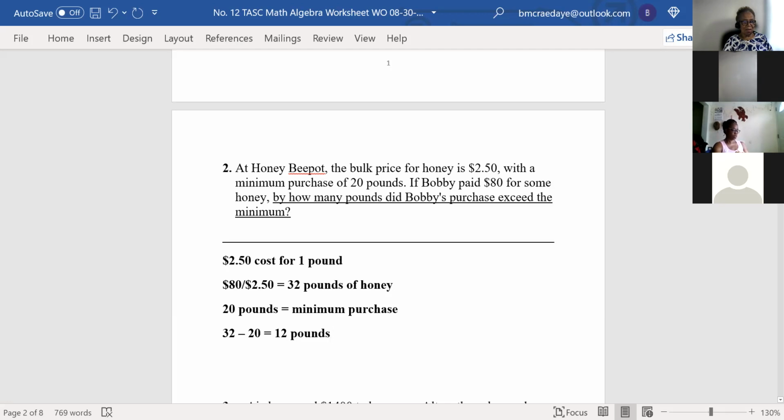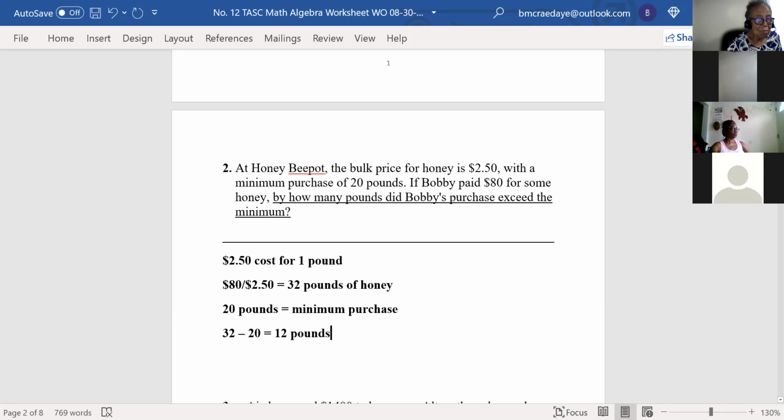That's how I do mine, the opposite direction. You found a number that when multiplied by 250 gives 80, and you found that to be 32. But I'm saying if you divide the $80 by the 250 per pound, you get the number of pounds of honey that he bought, which is 32.